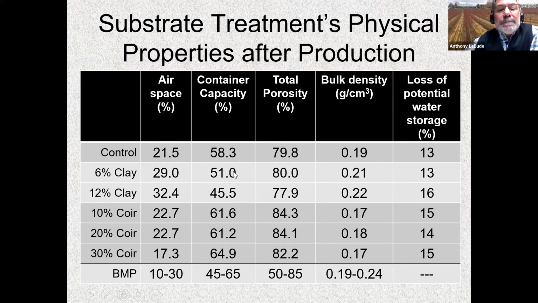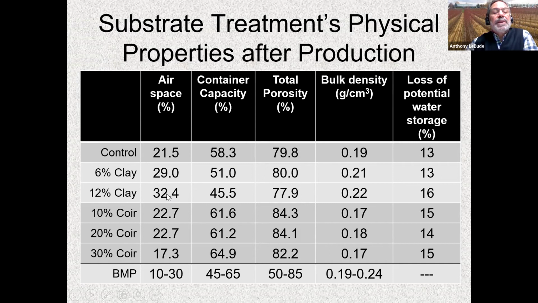Now, if we look at clay compared to the control, it increased, 6% increased the total porosity a little bit, so it gave it a little bit more airspace. But it took that and divided it up into more airspace, 6% clay, and less water holding capacity, which is interesting. And even more so with the 12%.